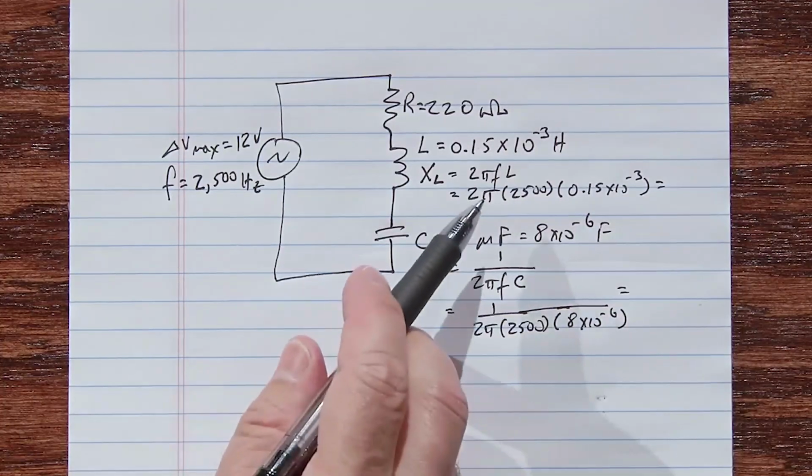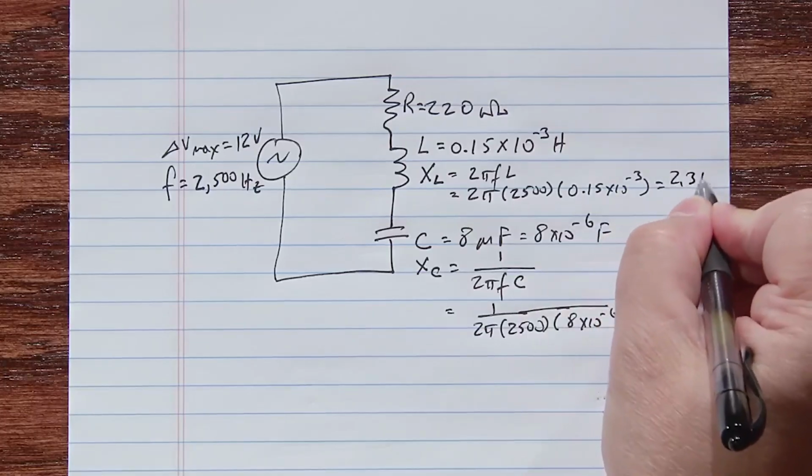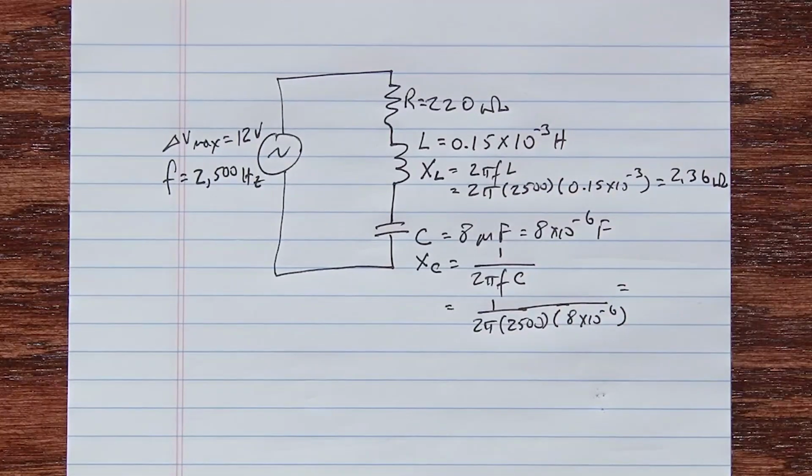Okay, I'll calculate 2 pi f L first, our inductive reactance. 2 times pi times 2,500 times the inductance of 0.15 times 10 to the minus 3 henries, and that gives us 2.36 ohms.